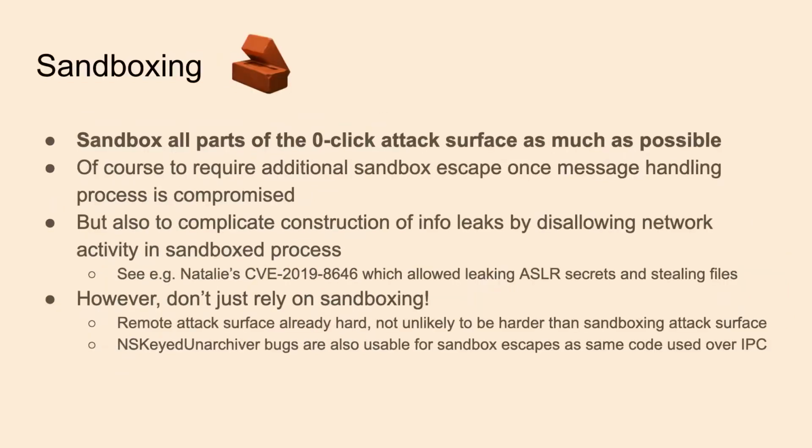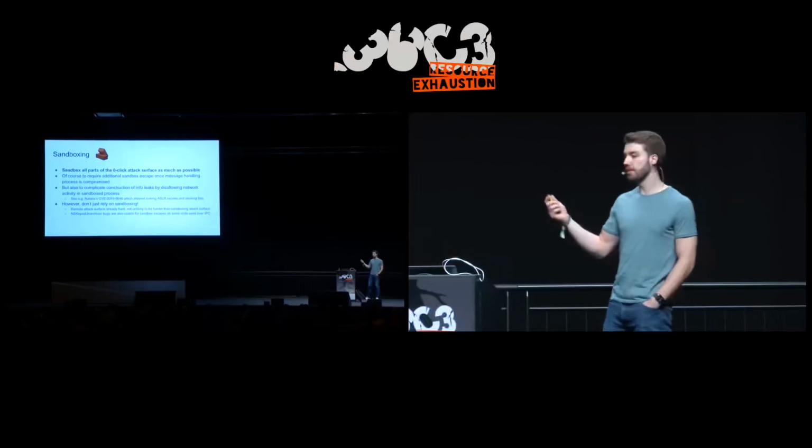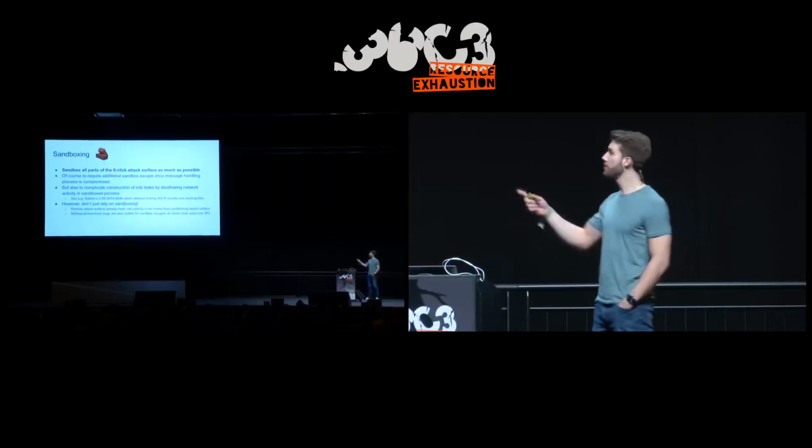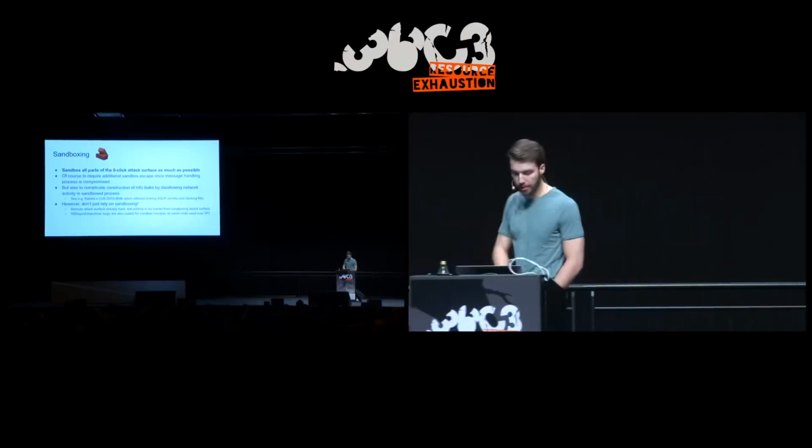Okay, sandboxing, another thing. It's probably obvious, right? So everything that's on zero-click attack surface should be sandboxed as much as possible. Of course, to require the attacker to do another full exploit after getting code execution. But sandboxing can also complicate information leaks. So Natalie had this other iMessage bug, CVE something 8646.